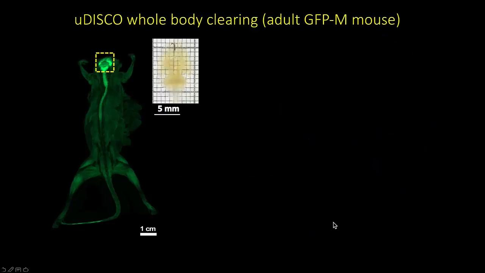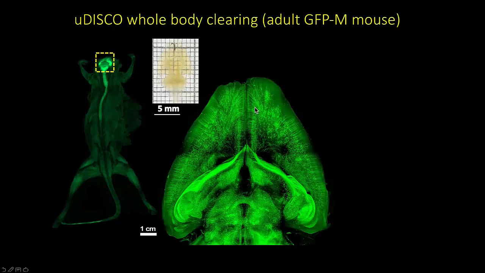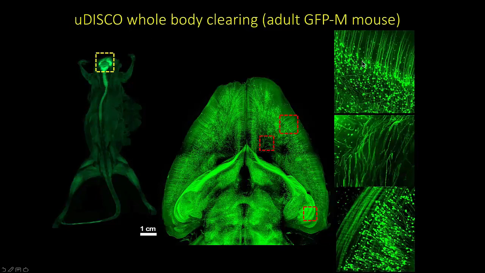Now look at the brain after clearing. You can see nicely the neurons throughout the entire brain, and you can see the axonal tracks. Now we will zoom in. Here's the cortex, the neuronal cell bodies, their extensions, and the axons going into the midbrain, and here's the hippocampal area, the hippocampal neurons, and the corpus callosum.